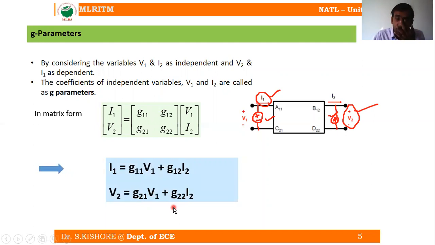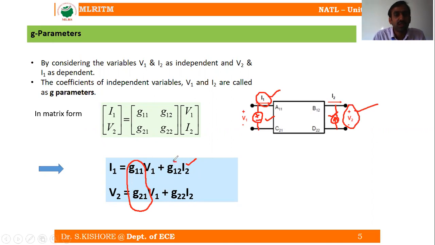So for this, to obtain the G11, you can see either one of the ports should be open or short circuited. From the equations, to obtain the parameters G11 and G21, where the coefficients of G11 and G21 are nothing but the coefficients of the input voltage V1, we are going to make I2 equal to 0. That means I2 is equal to 0, in the sense the output port is going to be the open circuit.